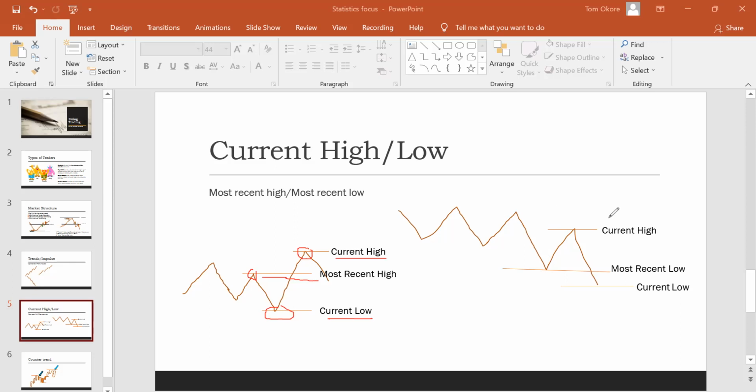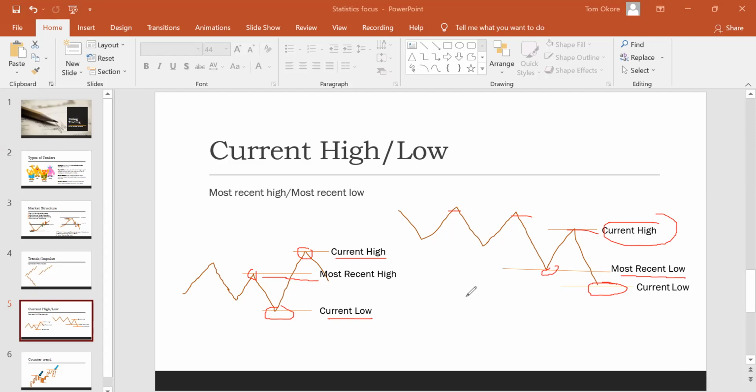Now, another different example, but now we have a most recent low. Because the market was going down, down, down, down, this becomes your current high. This becomes your current low. And please note your most recent low is the last low point the market touched.